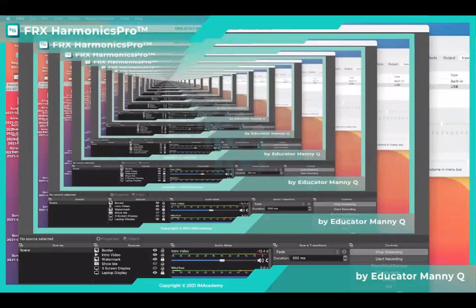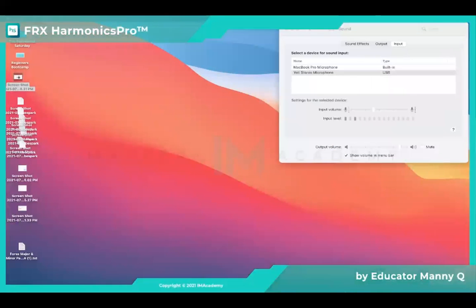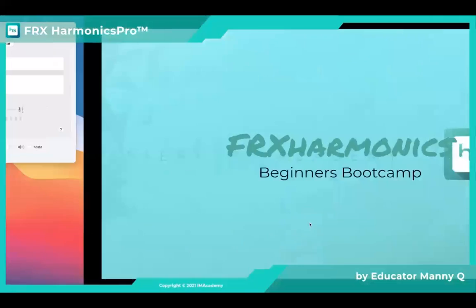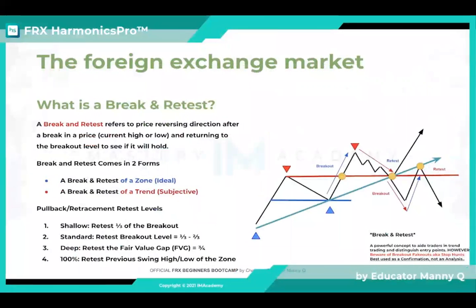This may cause my computer to freeze, but let's see if this is a little better now. There we go. Now you should be able to see my screen in its entirety. I sincerely apologize for that, ladies and gentlemen. I hope it did not disrupt your education, so that we can continue in the market.